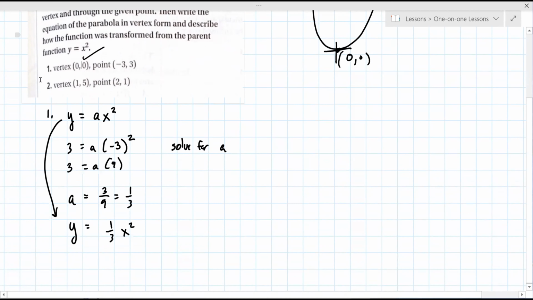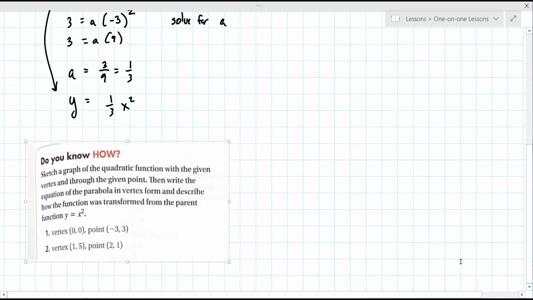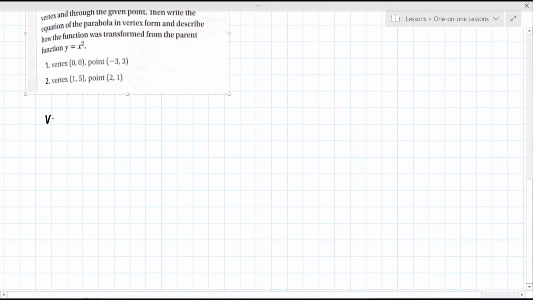So let me grab number 2 here. Let me just snip it again and paste it here. So for number 2, there's a vertex shift. This is when you really want to use the vertex form of a parabola.